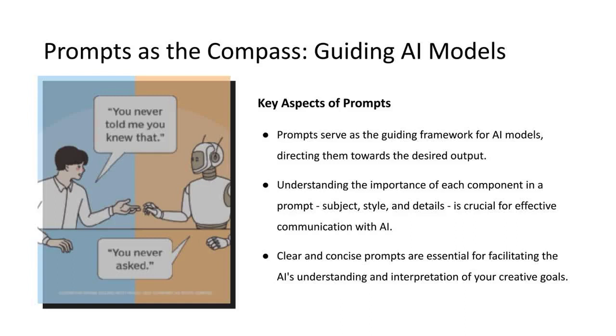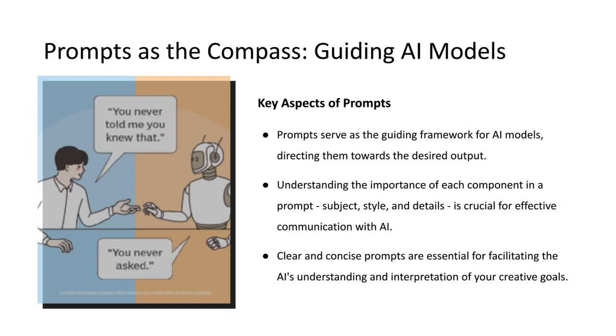Effective prompting acts like a guiding framework, consisting of three crucial components: subject, style, and details. The subject defines the core concept of your desired output: a majestic dragon soaring through a starry sky, a heart-warming reunion scene between friends. Style specifies the artistic direction: a photorealistic image, a classic painting, a whimsical cartoon.